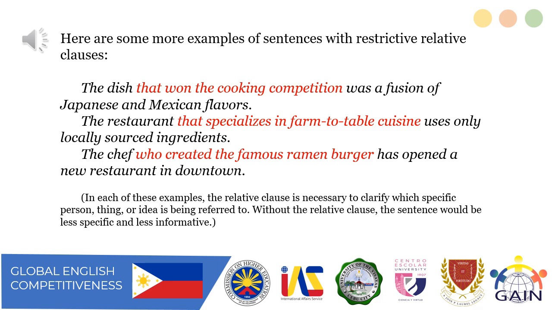B. They would often eat sushi for lunch when they lived in New York. C. He was used to ordering Indian takeout for dinner. The answer is obviously letter B, since only sentence B uses the word would in the sentence.